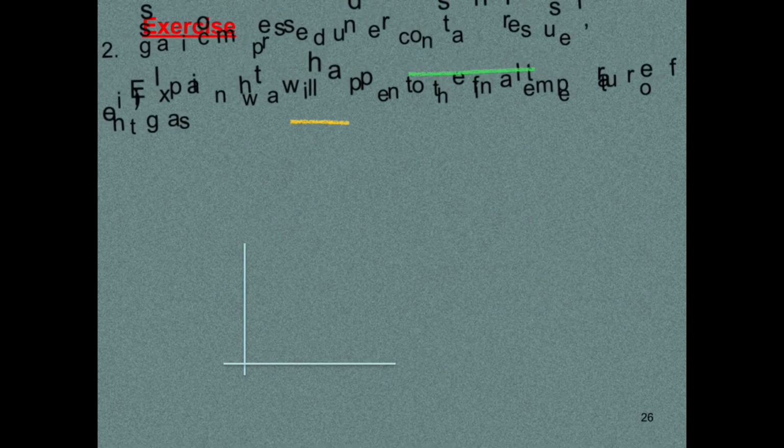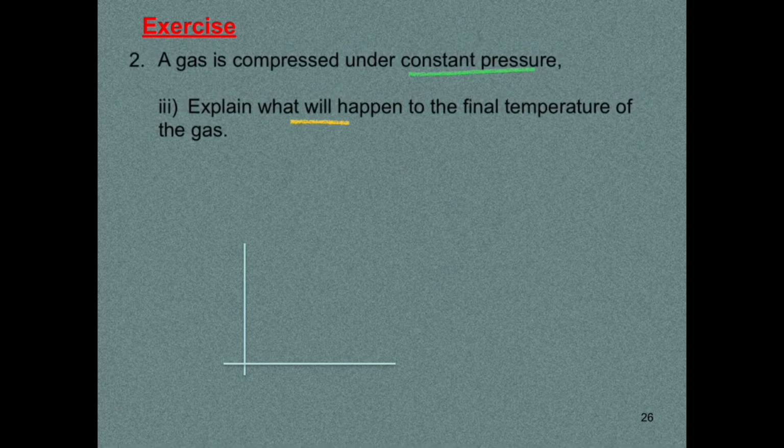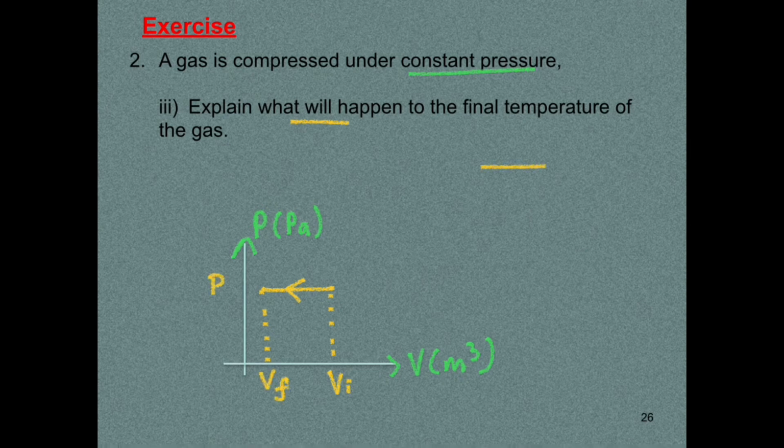Okay, so for the third one, what will happen to the final temperature of the gas? For a constant pressure or isobaric process, the PV graph is a straight line, where we will have two different volumes, where V initial is greater than V final.